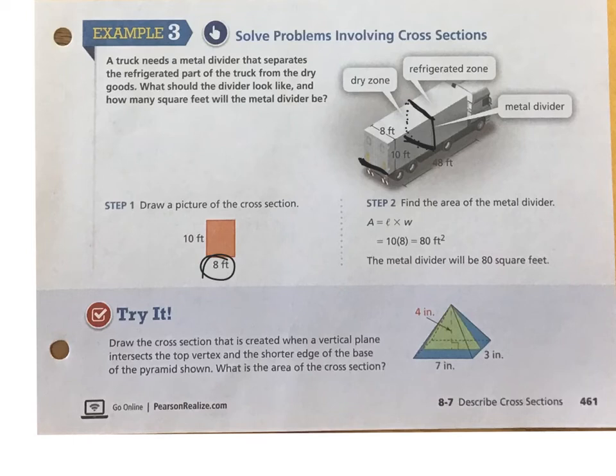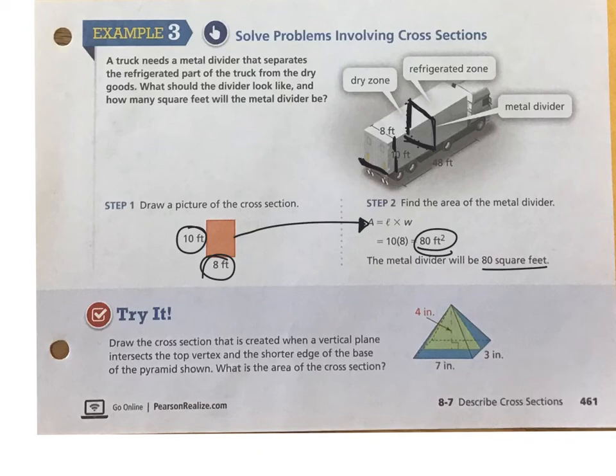The height of that metal divider will be the same as the height of the truck, which is 10 feet. So to find the area of that metal divider, we would multiply the length times the width. So the metal divider will have an area of 80 square feet.